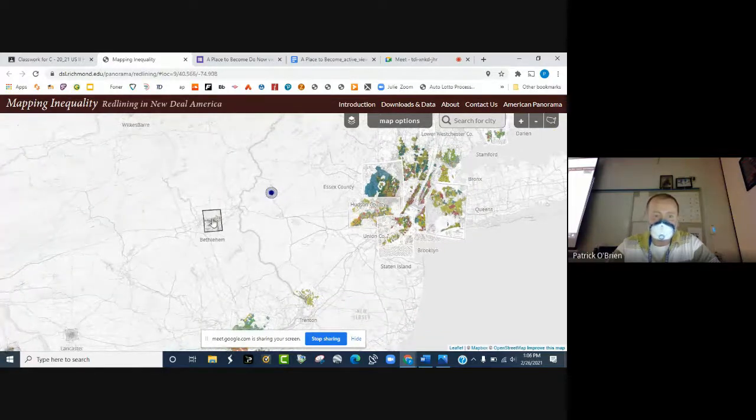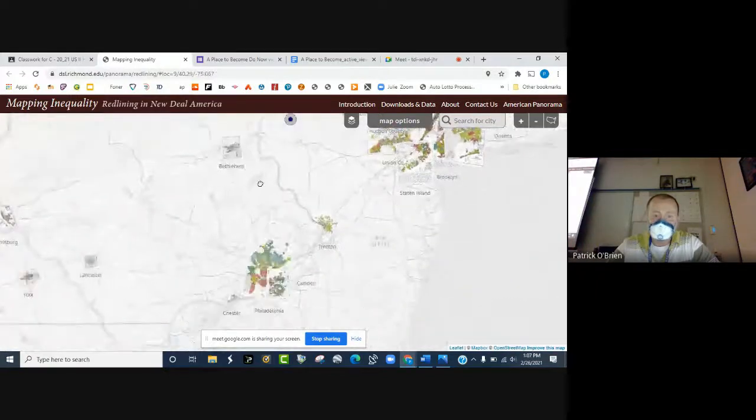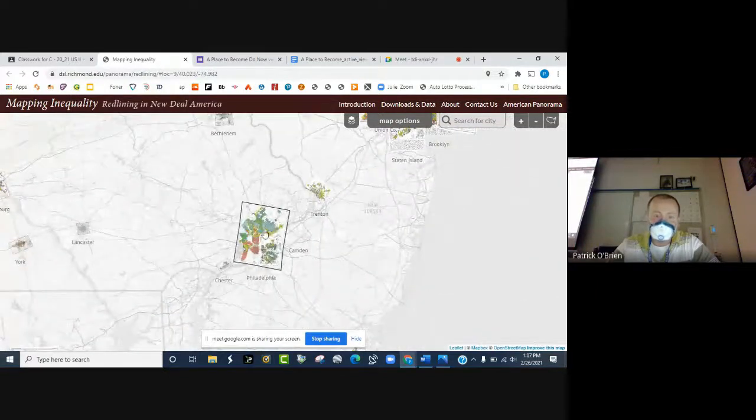You have Bethlehem, PA, you have Wilkes-Barre, and a little bit south, you have Trenton and Philadelphia and Camden and Chester that were also redlined. So like I said, if the particular area was redlined historically, it's 100% guaranteed it's also currently still struggling.